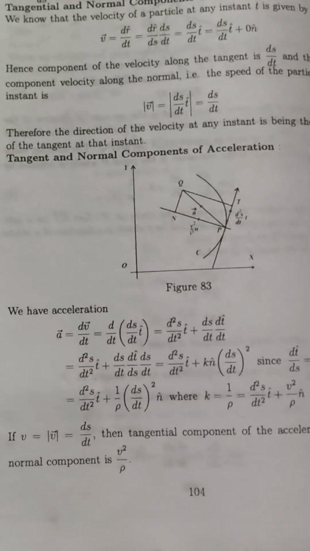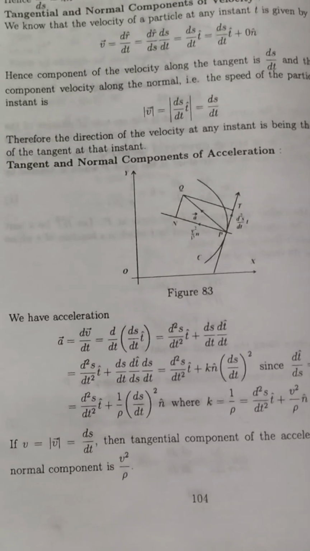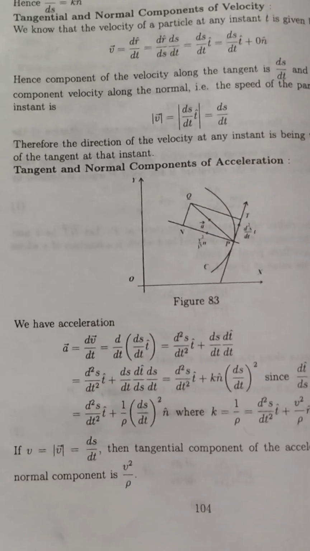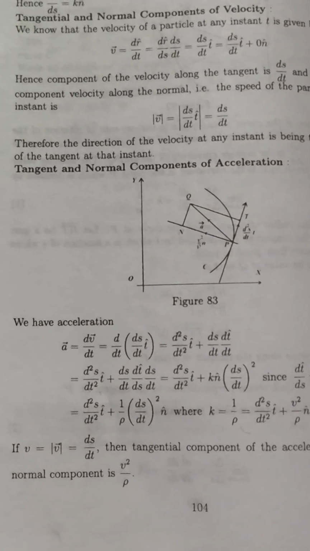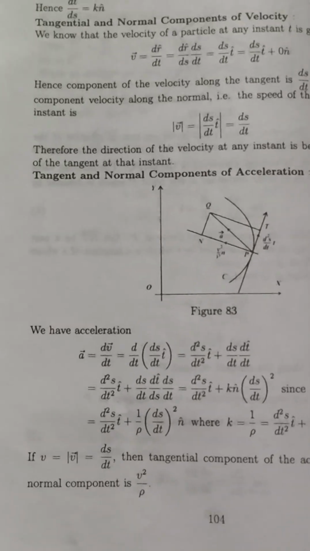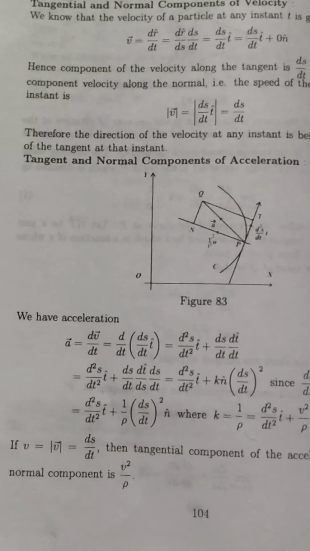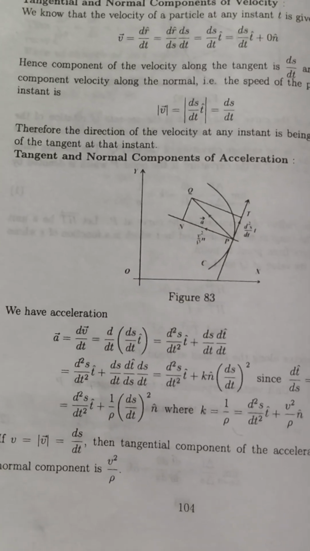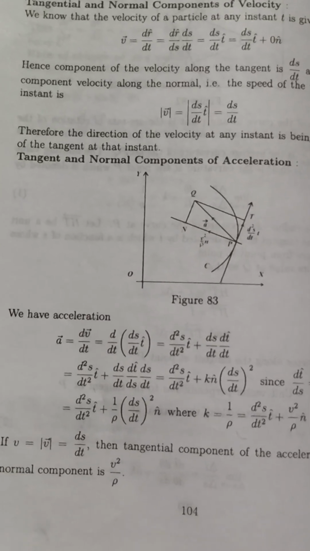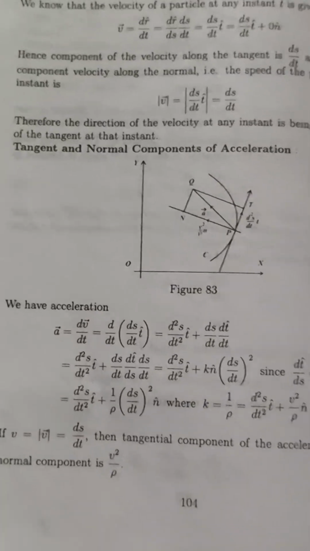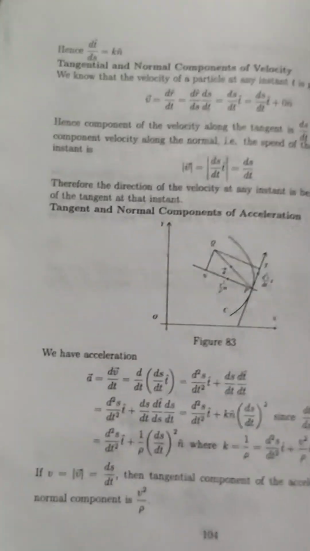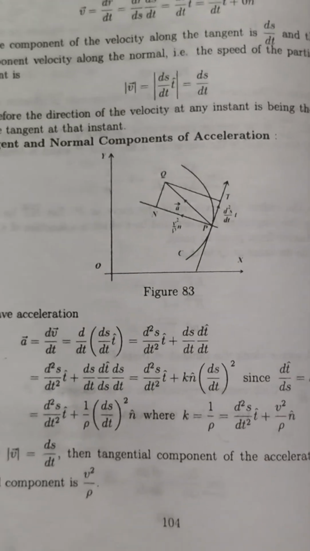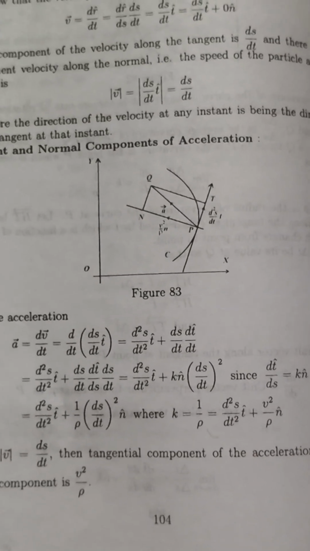But rate of change of displacement is called velocity. So in place of v we can write ds by dt times t, which can be simplified as d by dt of (ds by dt t). So we use the formula for the product u into v: first function constant times derivative of second plus second function constant times derivative of first.